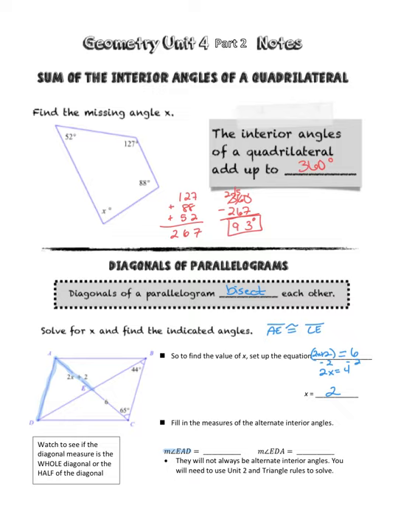EAD, this one here, is an alternate interior angle, so its measure is also 65 degrees, because parallel sides AB and DC are cut by transversal AC.